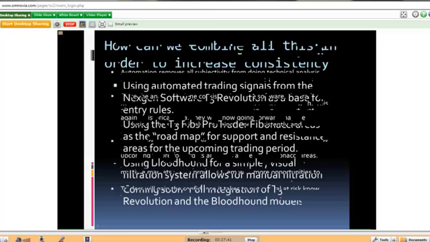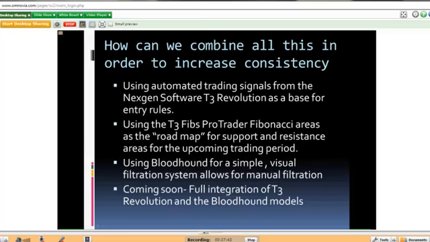So how do we put together a Fibonacci roadmap with the T3 Fibs Pro Trader? Then we take automated trading signals generated by the Revolution software, and then how do we take this Bloodhound program and set up a simple visual filtration system for ourselves?